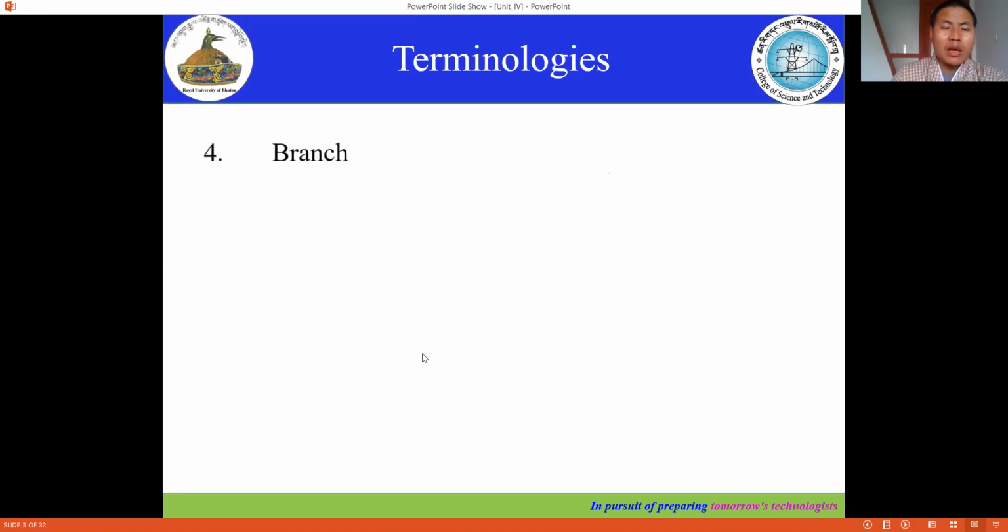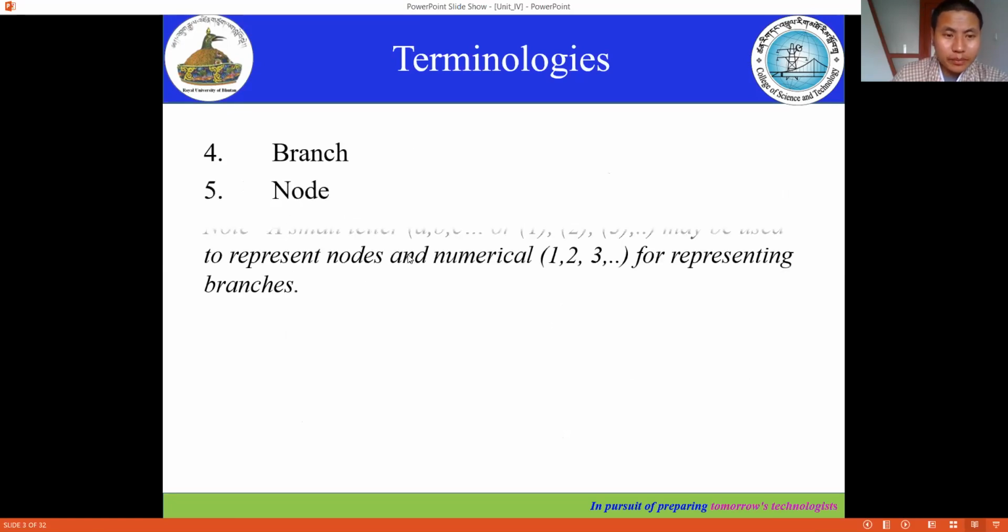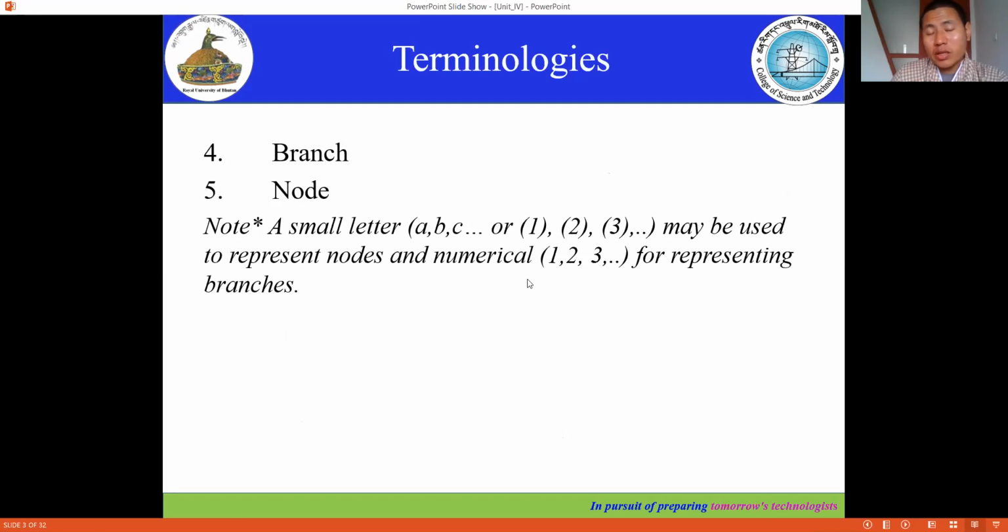Branch, you know what that means. Node, you know what that means. And then the representations. This is not fixed. It depends upon the individual how to represent the nodes and the branches. These are just to give the name of the branch and the node.